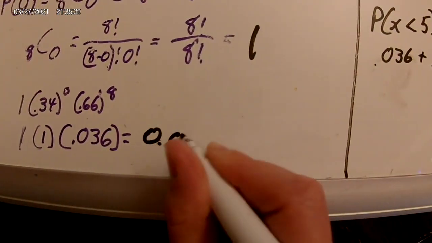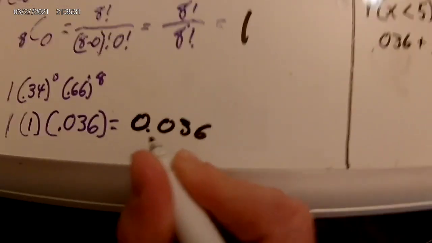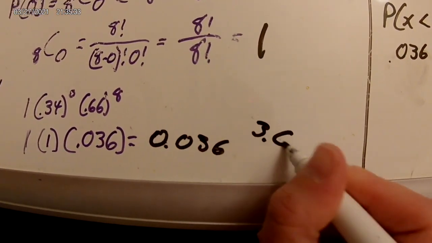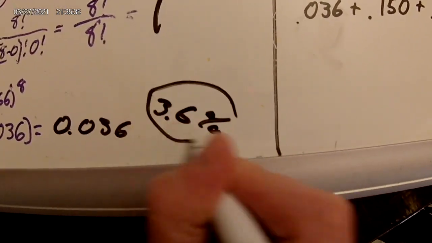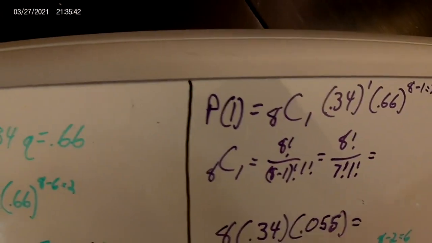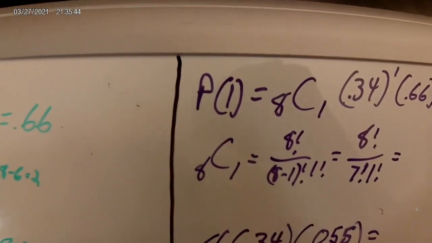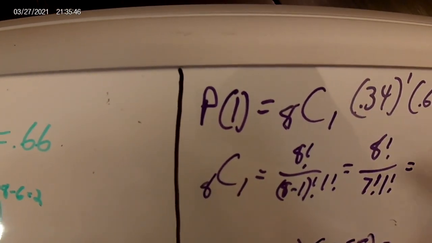So that is 0.036, a 3.6% chance on that one. Let's find the probability that the answer is 1. Here's the binomial probability formula.